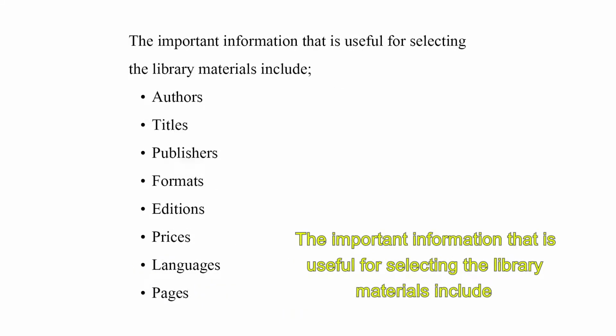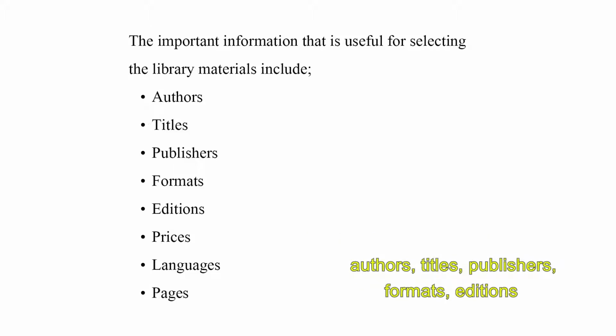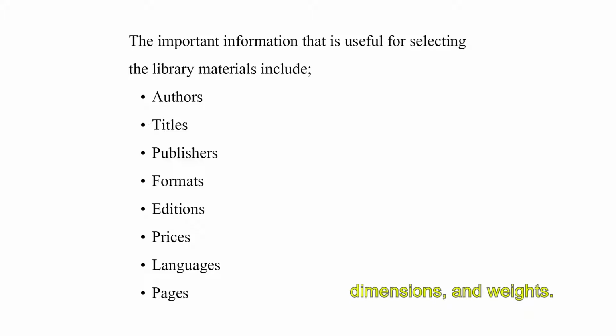The important information that is useful for selecting the library materials includes authors, titles, publishers, formats, editions, prices, languages, pages, series, reviews, dimensions, and weights.